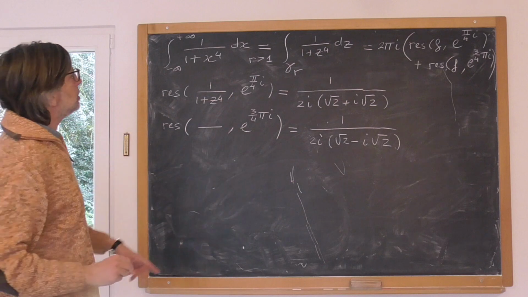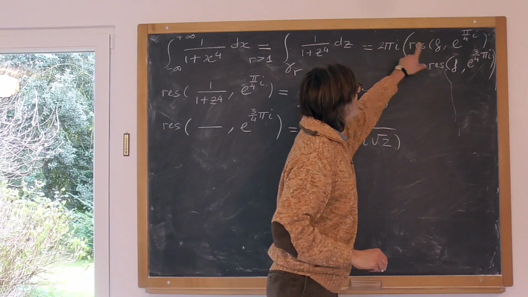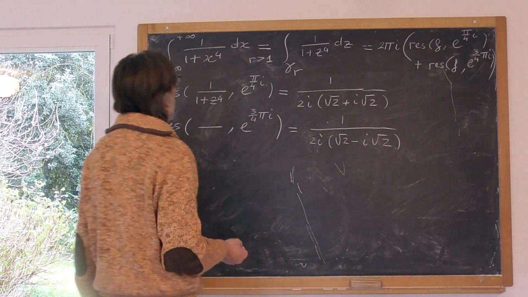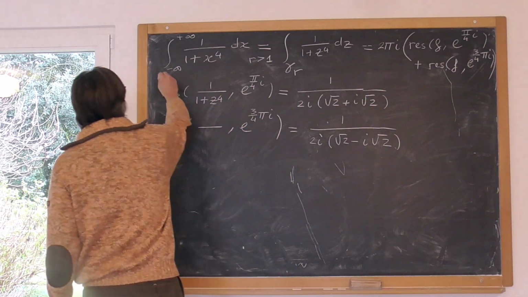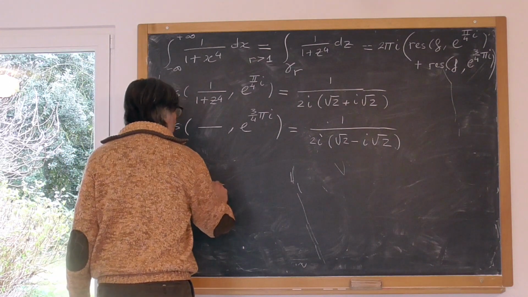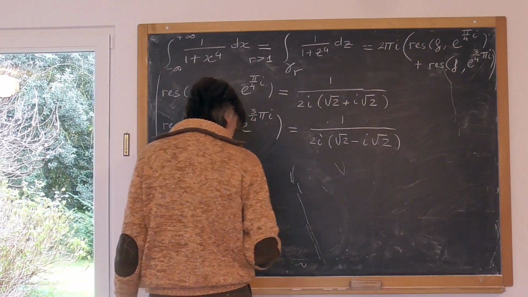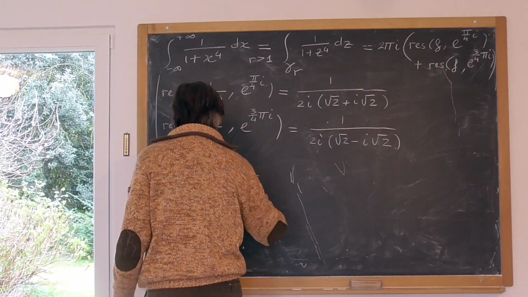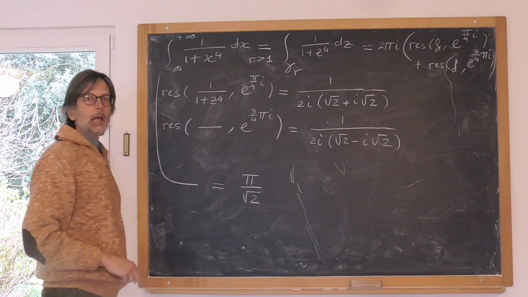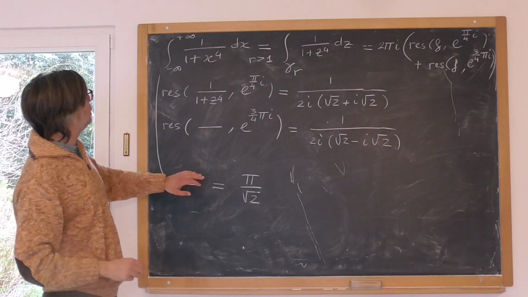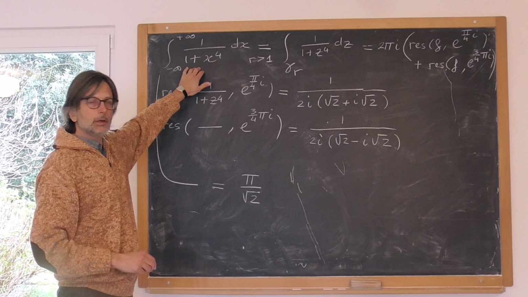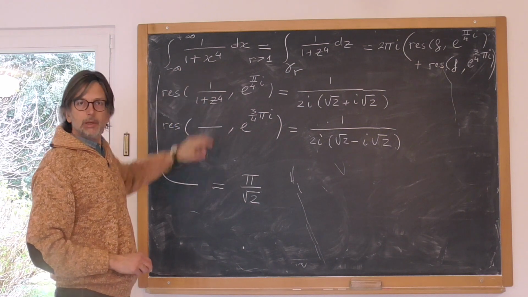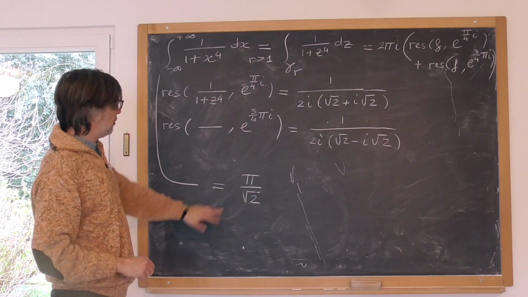Okay, these are the two residues, and then you can just add them up and multiply by 2 pi, and you do some computations, and at the end what you get is pi divided by square root of 2. This way you can compute the value of this improper integral without actually computing a primitive of this rational function.